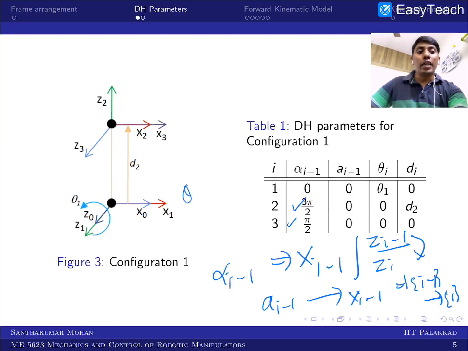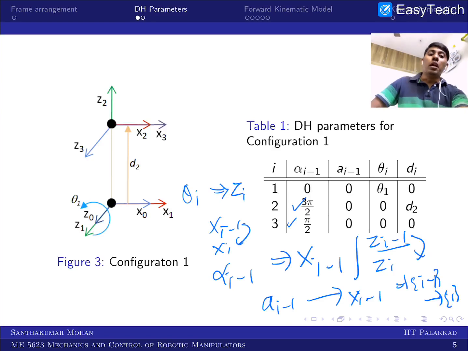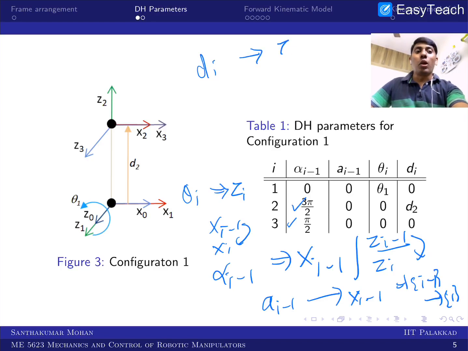Similarly, theta i is this angle about z i, where you see x i minus 1 to x i, the angle you are seeing in the realization. So you are making x i minus 1 parallel to x i. Similarly, d i is the distance along z i, taking the i minus 1 frame to the i frame along z i. So these are the cases.